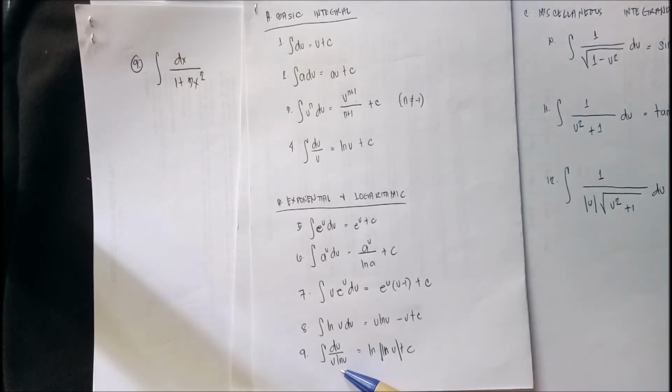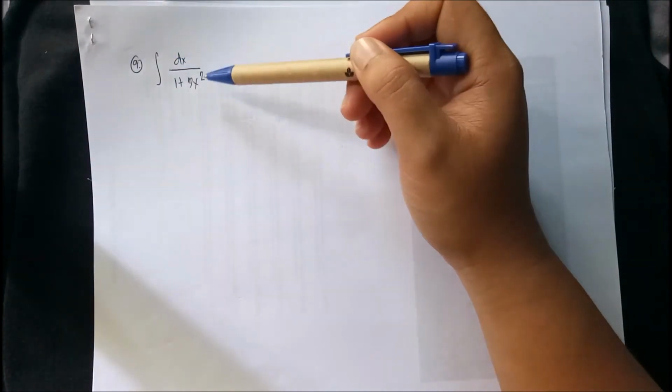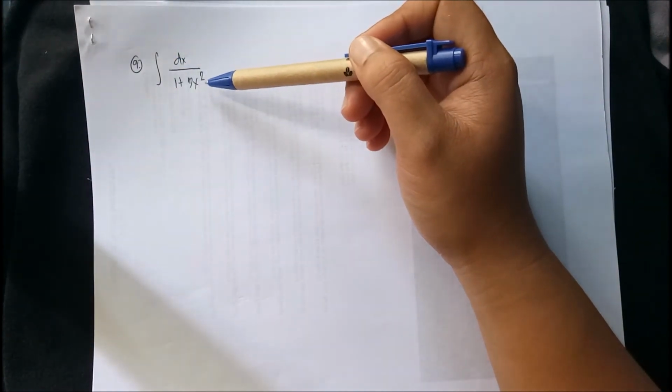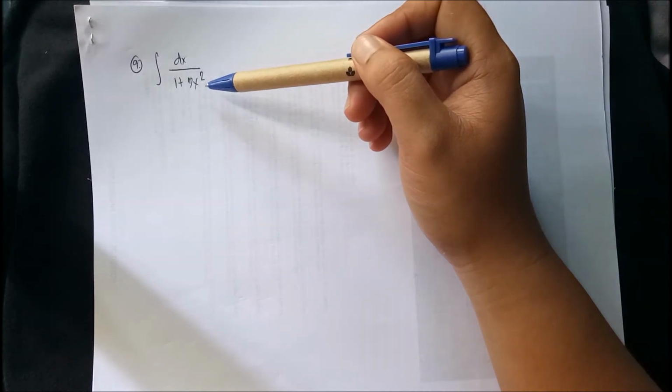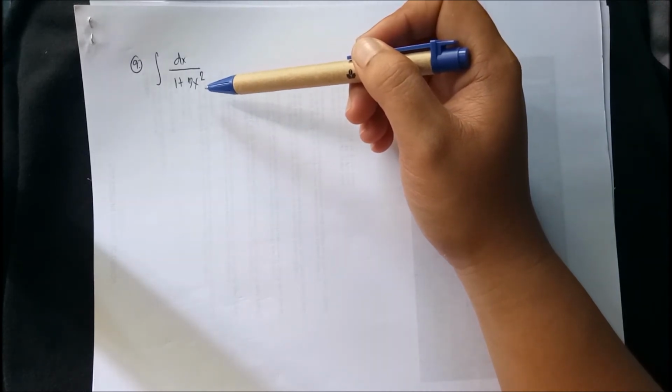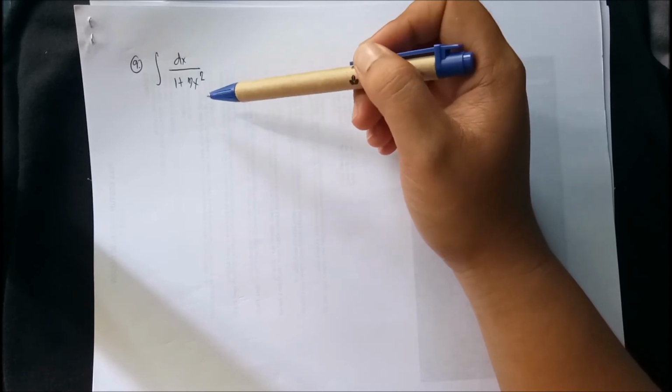Ito namang isa, logarithmic siya. Hindi din naman kasi wala namang logarithmic dyan. So, yung same ng previous natin na example, divide natin. Class, meron tayong 1 sa taas, then square naman yung exponent sa baba, so we cannot perform division. Partial fraction, pag nag-partial fraction tayo, class, pwede ba natin siya?